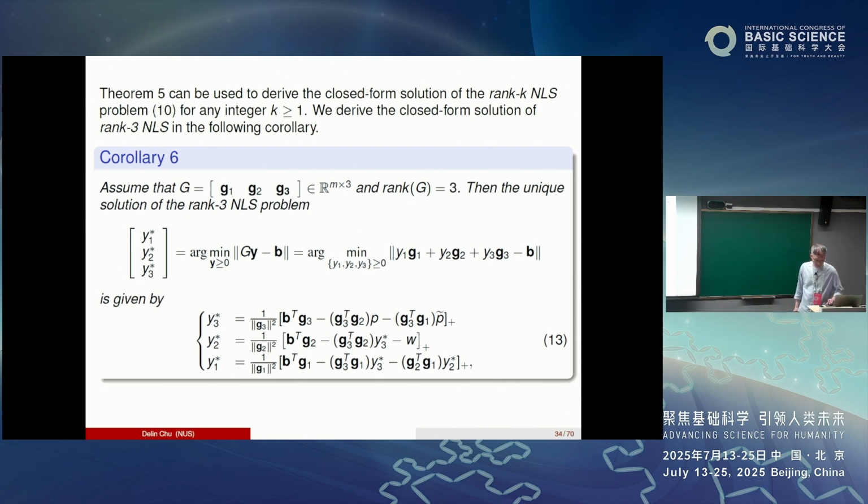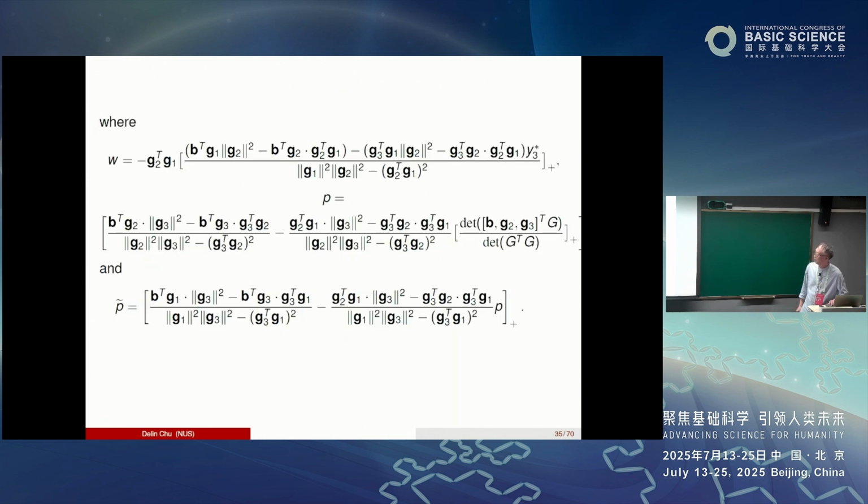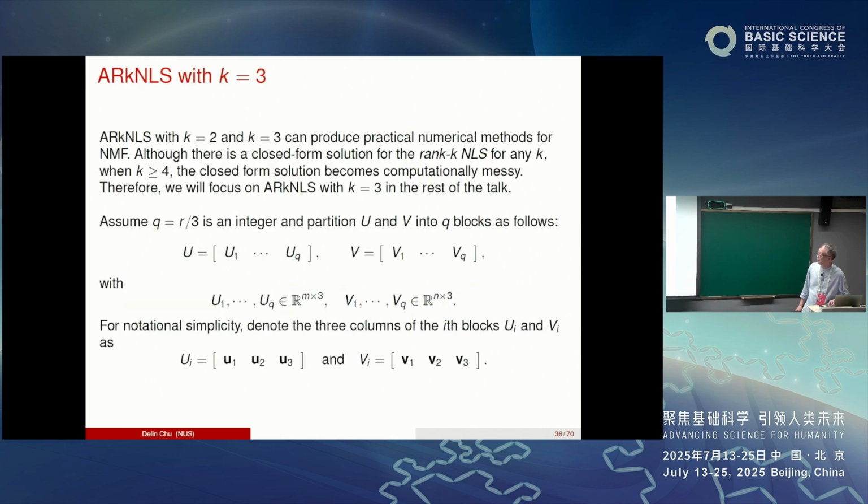So now we get the closed form solution for the rank 3 non-negative least square problem. Then we apply the results to our problem. In a similar way, we also can consider k equal to 2. Then we also have the closed form solution.